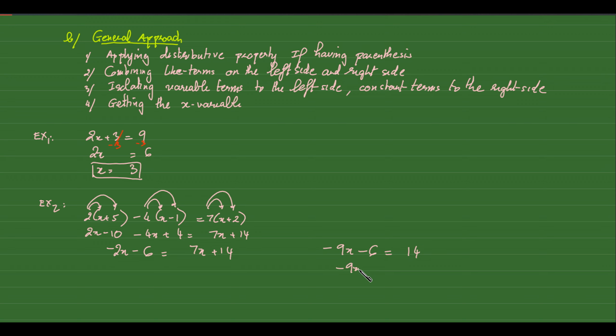I'm going to add to both sides because this is minus, so you add. If it's minus, you add. If it's multiplication, you divide. If it's addition, you subtract. Remember that. Add to both sides, that gives you 20. Now it's a multiplication, so you divide both sides by negative 9. So your answer will be negative 20 over 9. Should be very simple.